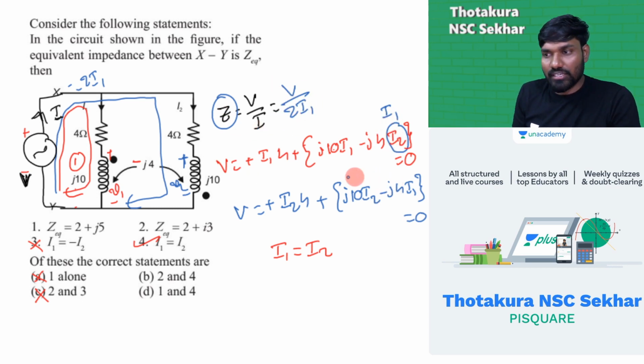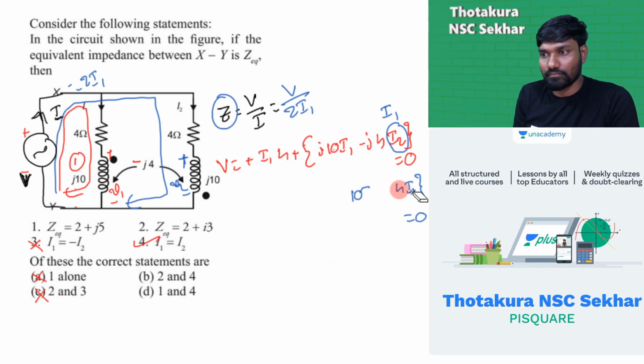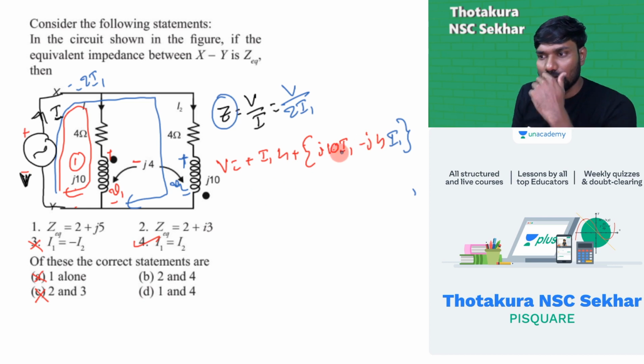Now I'm just erasing this. In place of I2, I1 is there. Now simplify it. I1 take common, V by I1 is equal to 4 plus J6.